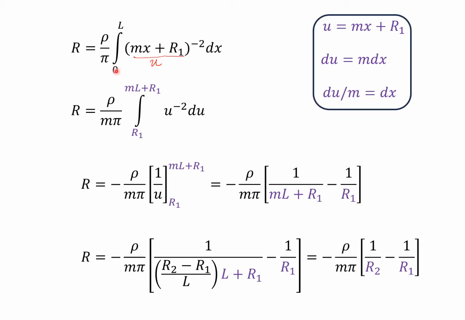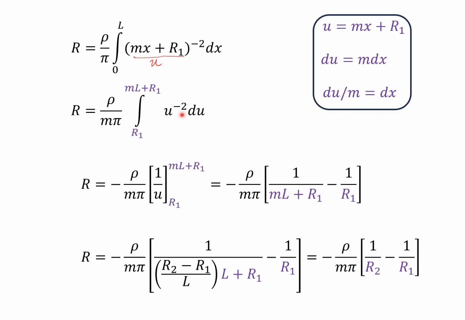So what will happen when x is equal to 0? You will get the lower limit as r1. And for the upper limit, x is equal to L, then this will become mL + r1. Because u is mx + r1, so with x equal to L, the upper limit is mL + r1. So we have u to the power minus 2.